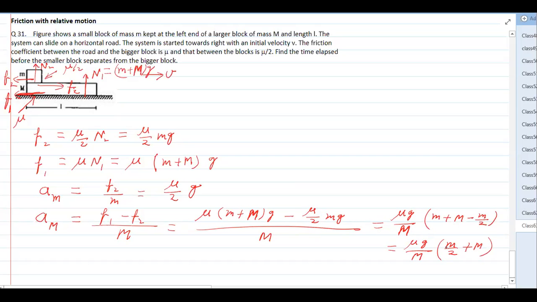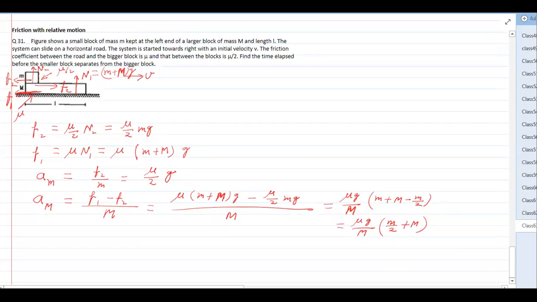So this is the acceleration of the two blocks, and the acceleration of both the blocks is in the backward direction, that is rightward, because friction is in the rightward direction. And for the lower object also, the rightward force is larger in magnitude, so this is also rightward.